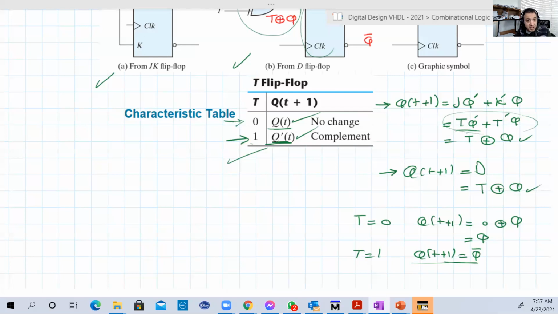But if we use T, for example, the circuit will be much smaller. So it depends on the application. That's why we have these varieties. If one of them is always the best, then why should we study the others?